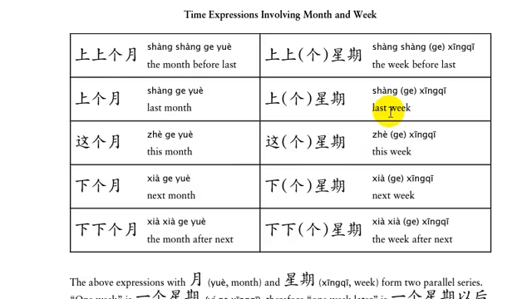Last week and last month are 上个星期, 上个月. The week before last, 上上个星期. You just say 上 twice. The month before last, 上上个月. Same with next week, 下个星期, and next month, 下个月. And then the week after next, 下下个星期, and the month after next, 下下个月.